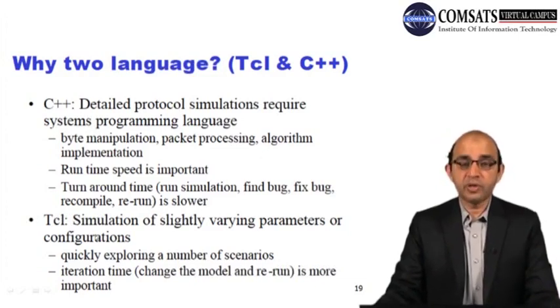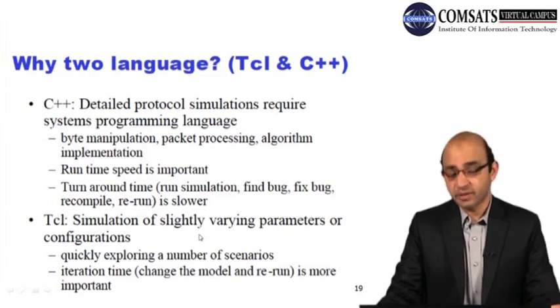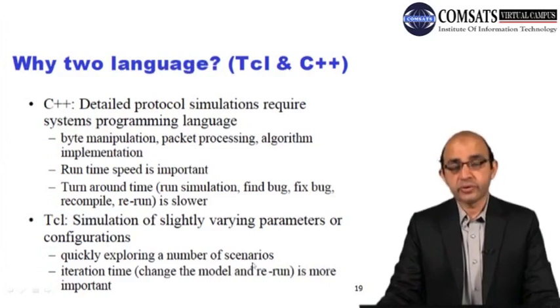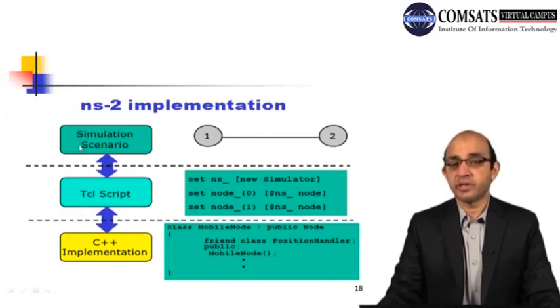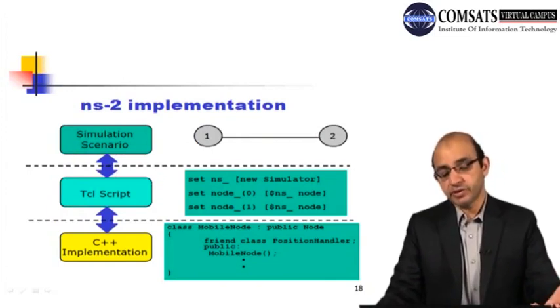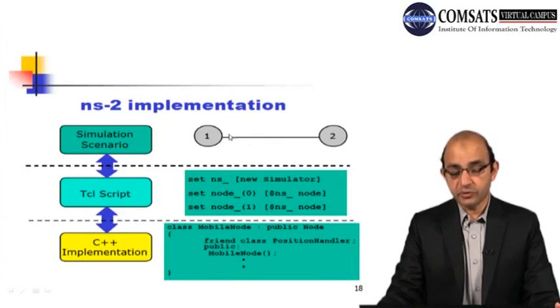So what we normally do is use TCL in order to configure certain parameters, so varying parameters or configurations. Scenarios: as mentioned, we can have a lot of different simulation scenarios. For example, I am interested to evaluate this configuration by using different bandwidth, by using different delay, right?